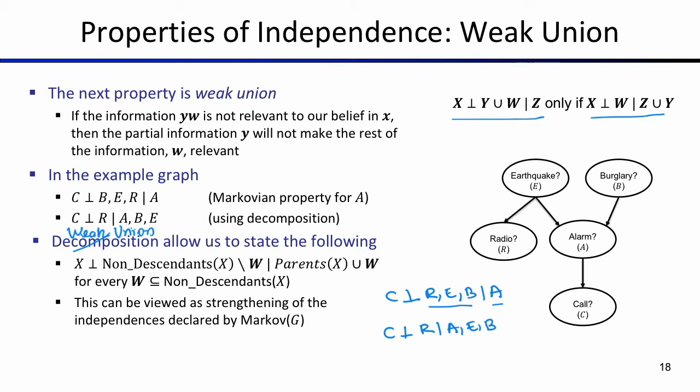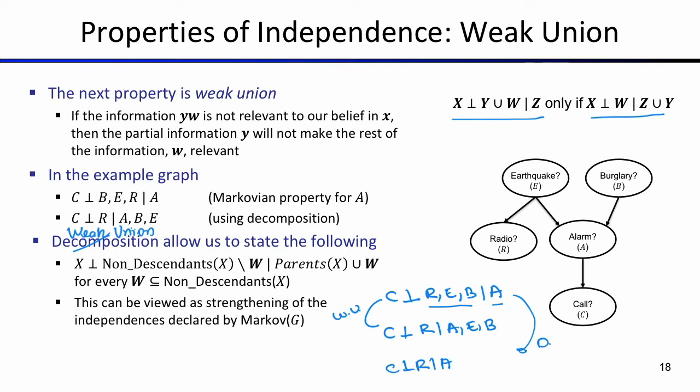weak union seems to be less useful than decomposition, because if we use decomposition, we start with this. So this is using weak union, but we could use decomposition from here and state that C is independent of R given A. So we already know that.